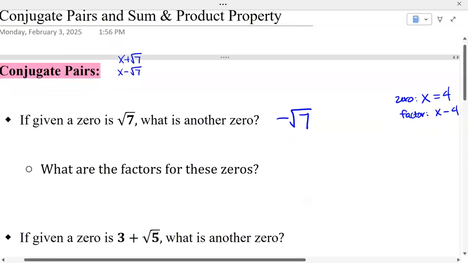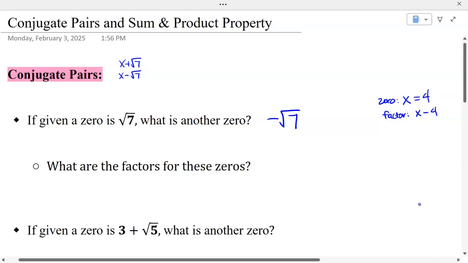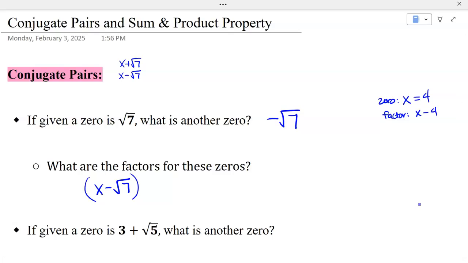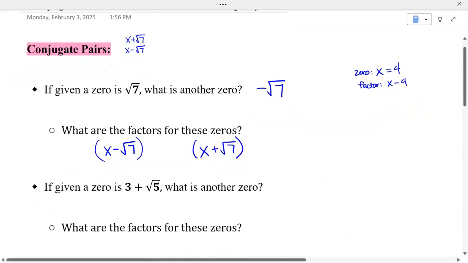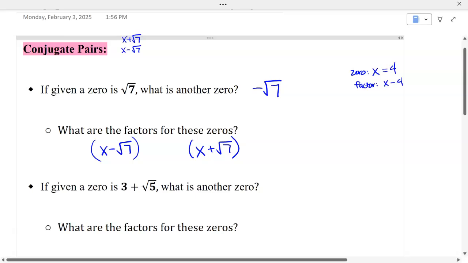So here, if the square root of 7 is a 0, then x minus the square root of 7 is going to be a factor. And if negative square root of 7 is a 0, then x minus a minus, which would be x plus the square root of 7, is also a factor. So both of those would be factors from these two polynomials.